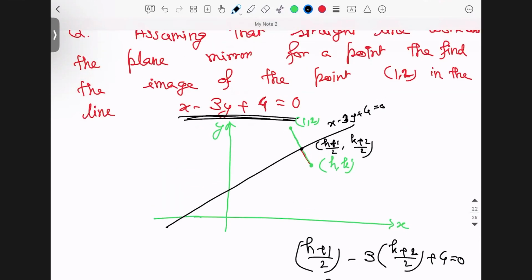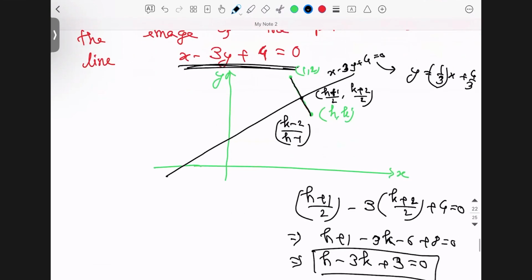Now another thing is that the slopes of these two straight lines will be perpendicular. Now what is the slope of this straight line? It can be written as y equals 1 by 3 x plus 4 by 3. So the slope is 1 by 3. And what is the slope of the other straight line? It has slope k minus 2 divided by h minus 1. Now, according to the question, they are perpendicular.